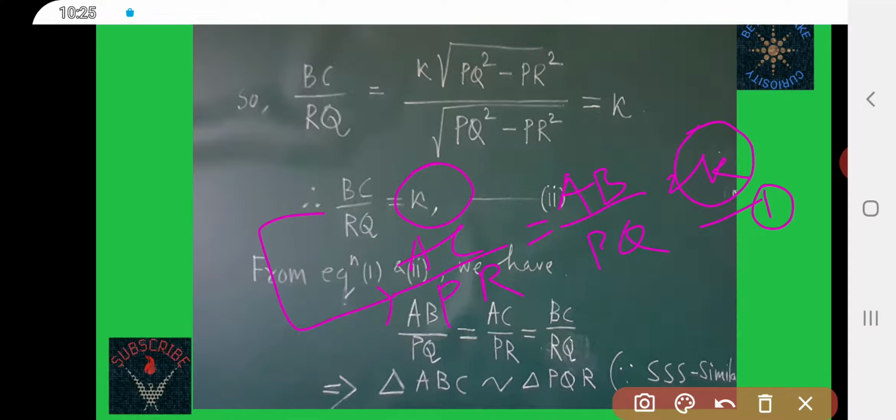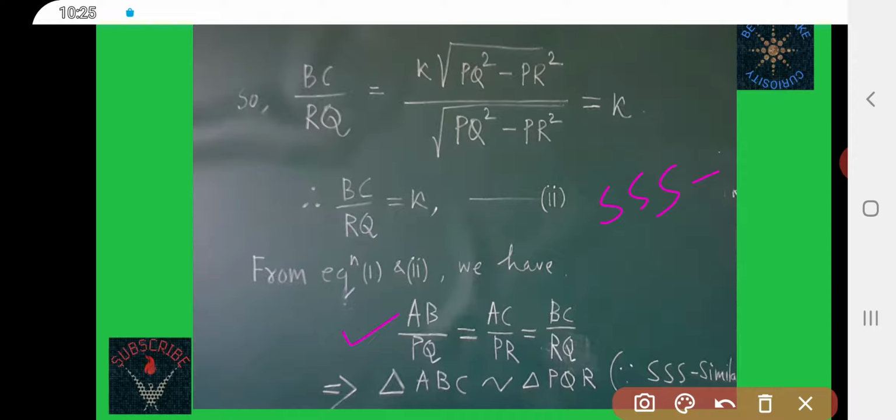Okay, so we can write now AB by PQ is equal to AC by PR is equal to BC by RQ. And we know as per the SSS similarity criterion, if in two triangles the sides of one triangle are proportional to the sides of the other triangle, then their corresponding angles are equal.